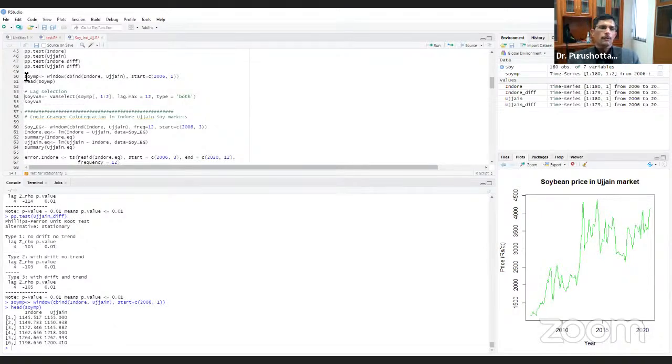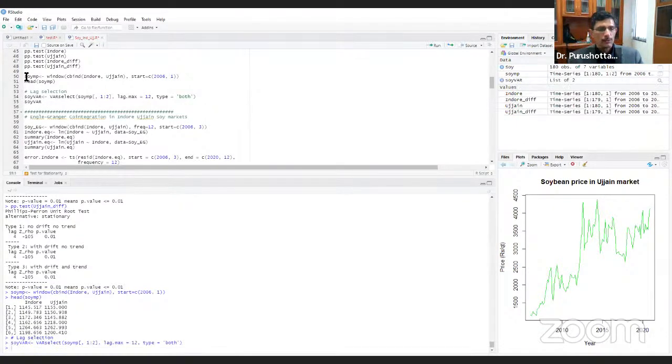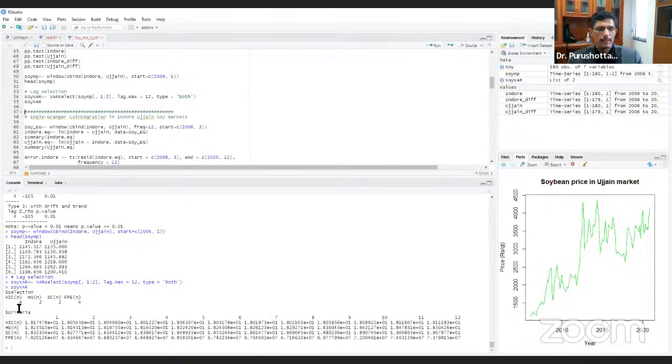For modeling in time series, or error correction, vector error correction, we need to select the lags. There are criteria, AIC or SIC, we have discussed earlier. Any of the criteria we can choose and select the lags. Based on AIC, we are going to select 4 lags.